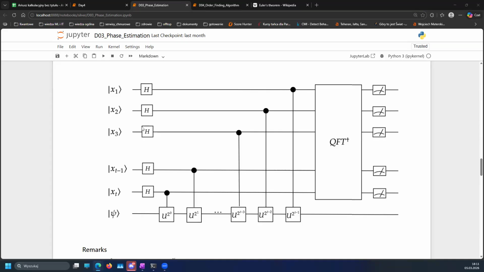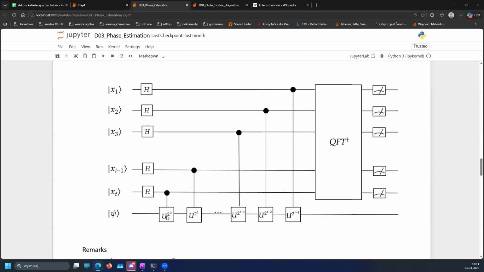Okay, and now about the algorithm itself, the process. Here to the eigenvalue register, we apply Hadamard gates all the way. And then we apply this operator which is given here. There will be only one control qubit at each time, and it will be each of those qubits in the eigenvalue register, those dots that you can see here.